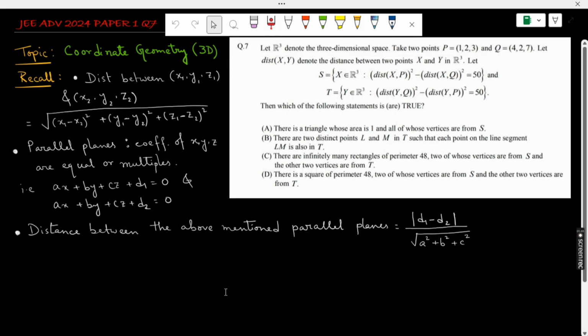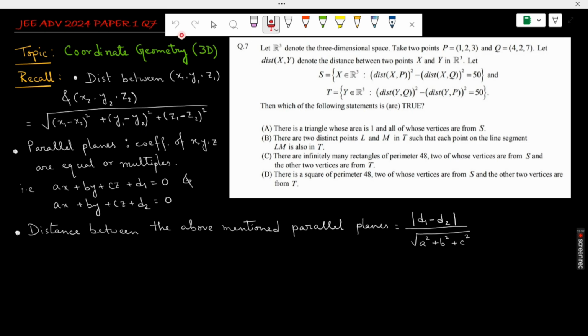So to solve this question, first of all, we need the topic coordinate geometry 3D. We need to know the distance between two points (x1, y1, z1) and (x2, y2, z2). This is the formula we know.